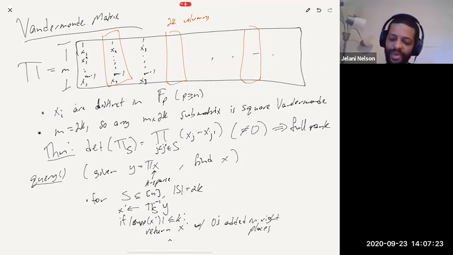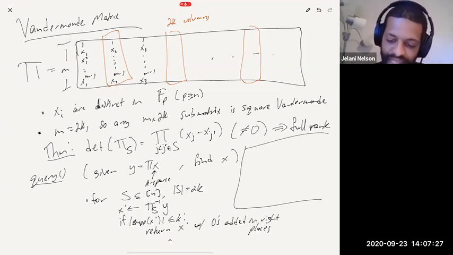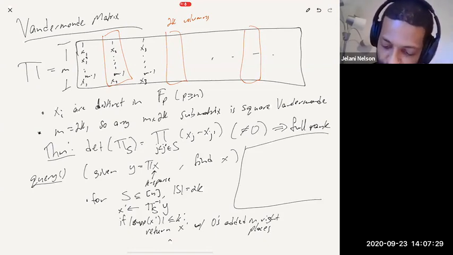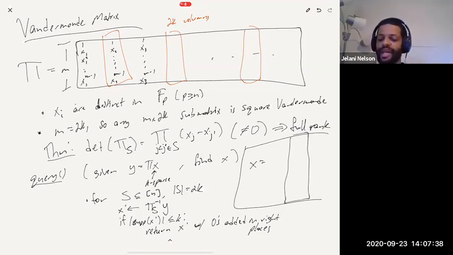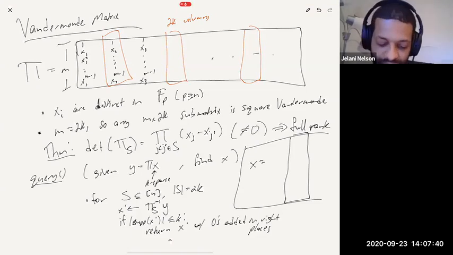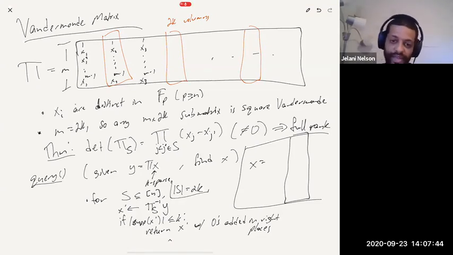That's a little informal. What do I mean by that? The point is, I guessed the support of x. We know the support has size, let's say 2, but I guessed a set of size 2 times 2, of size 2k.